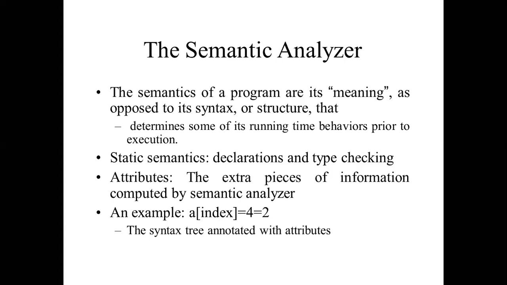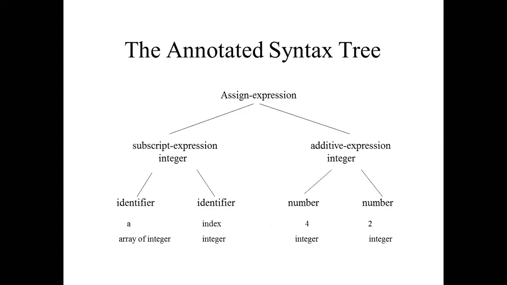So the syntax tree is annotated with the attributes. Again, we will implement the syntax tree, and at the end, if we are getting the exact output, then it is okay. Otherwise, there is a problem in the semantic, in our logic during the development of the program. Now we can check the annotated syntax tree.